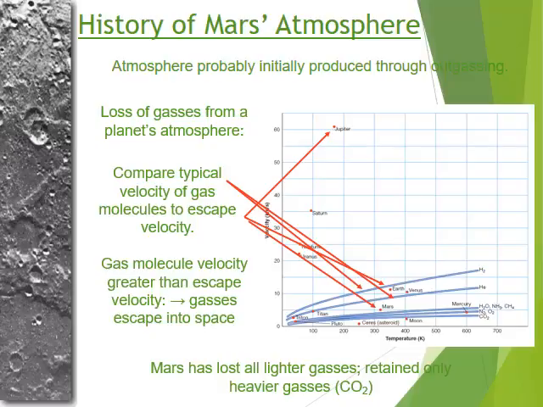For Mars, as you notice, it's pretty close to the sun, but certainly it can retain carbon dioxide, because carbon dioxide at the location of Mars has a radial velocity, which is listed here on the y-axis, that is lower than the escape velocity of Mars at that location, which is around 5 kilometers per second.